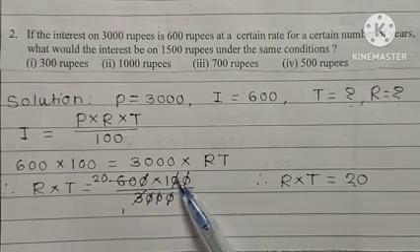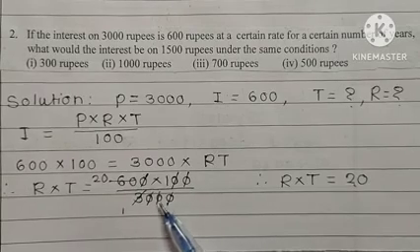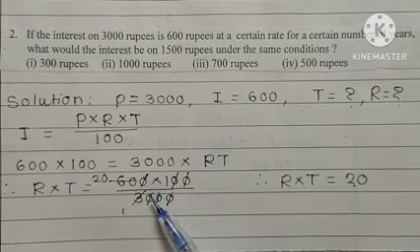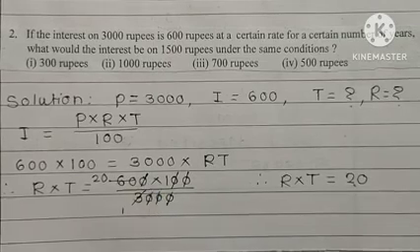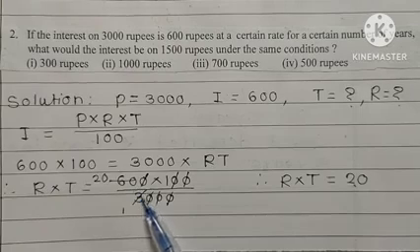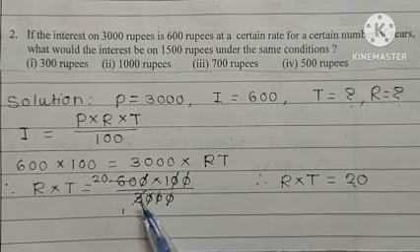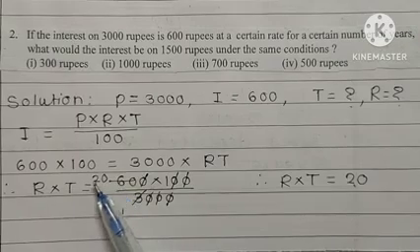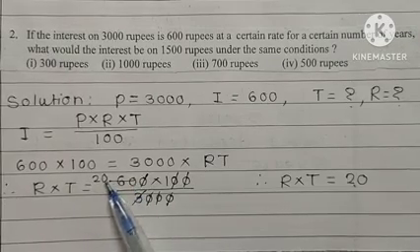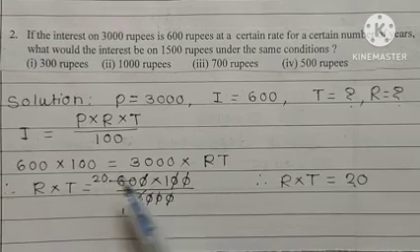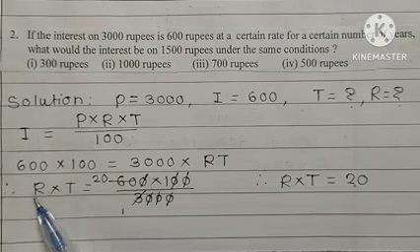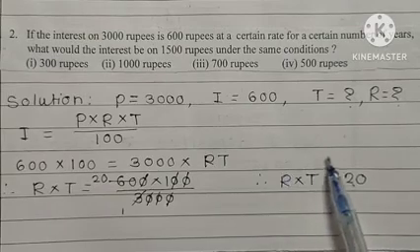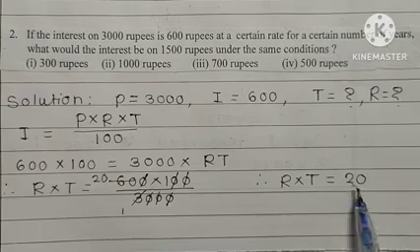So cancelling these two zeros from numerator and denominator and single zero from numerator and denominator. Now remains 3 in denominator. So dividing by 3, 3 ones are 3, 3 twos are 6 and this 0 as it is. That means R into T is equal to 20. Remember this, R into T is equal to 20.